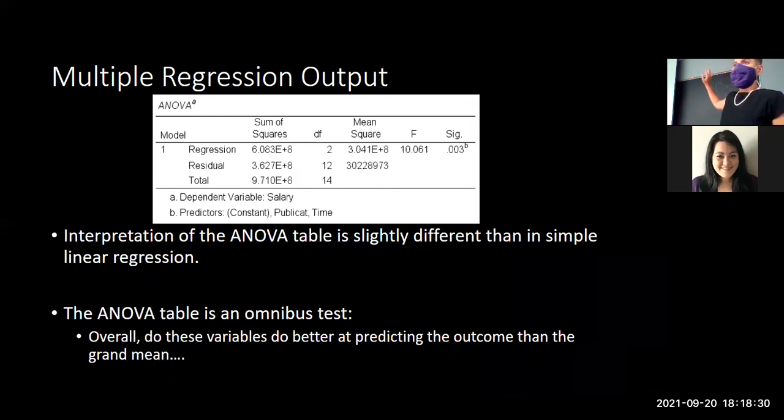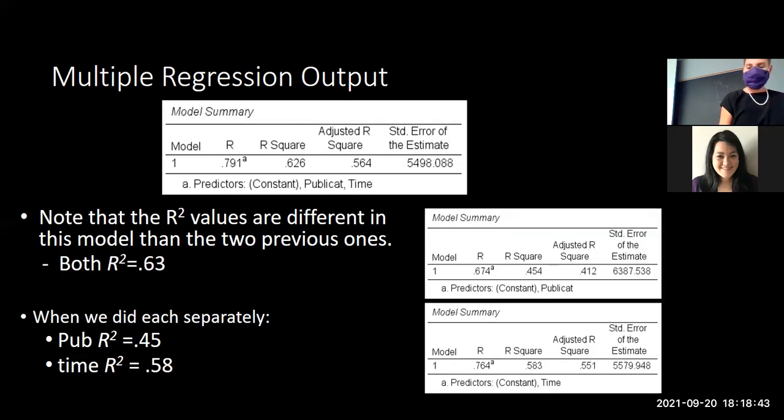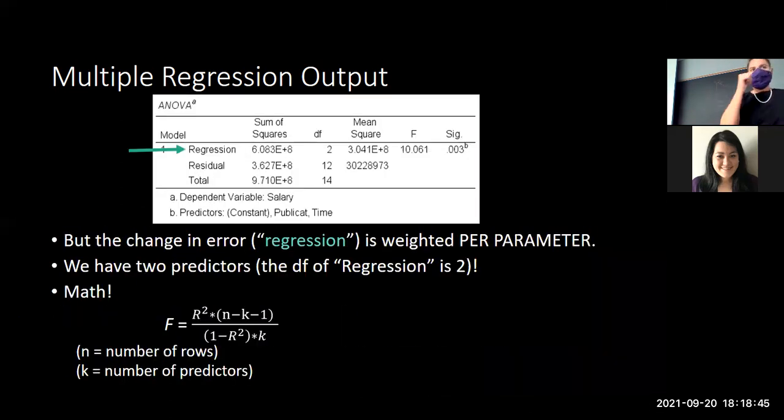Now we're in the F-test, or this ANOVA table, and it's a little bit different, but the basic concept is the same. We're still looking at whether we've reduced error in the model. But because of the way that the math works, do you remember how we have degrees of freedom and sums of squared errors both in the numerator and in the denominator?